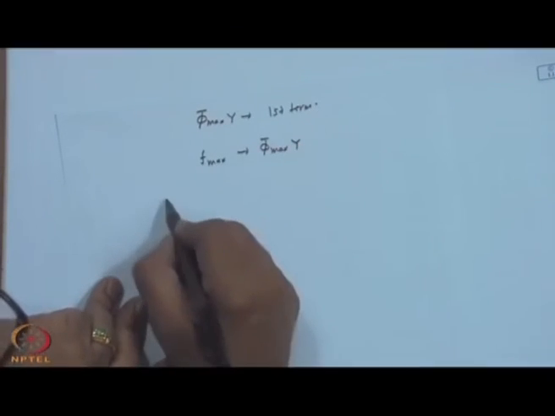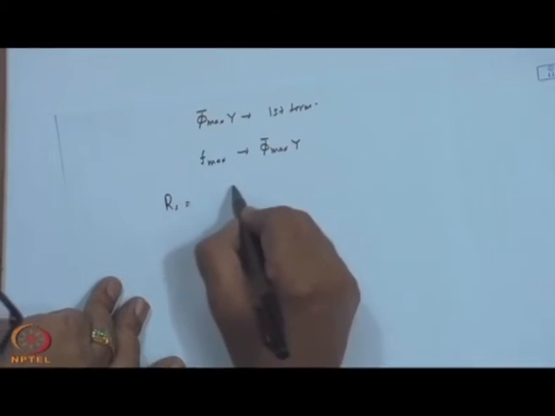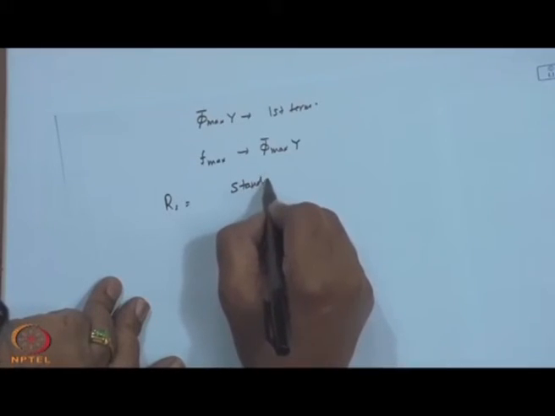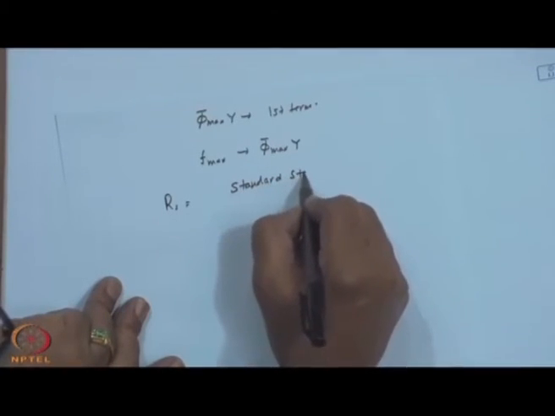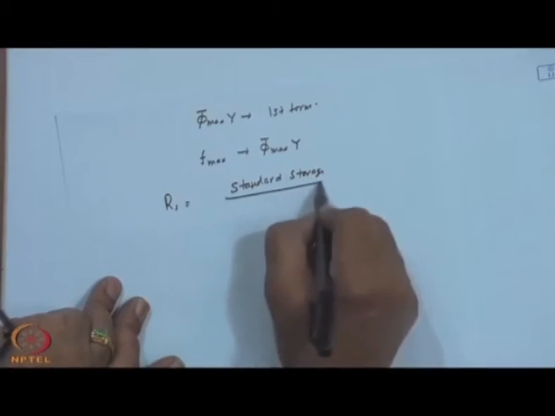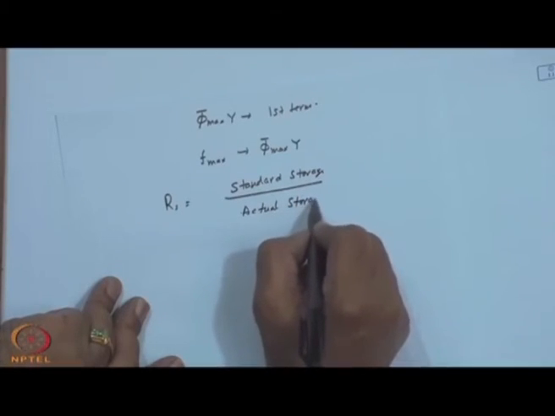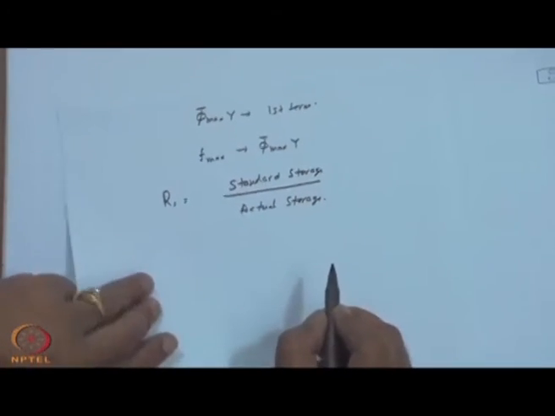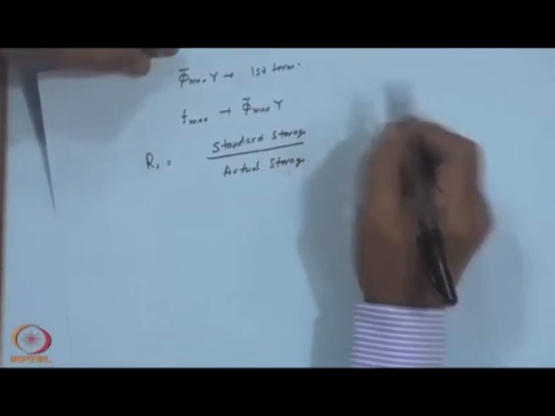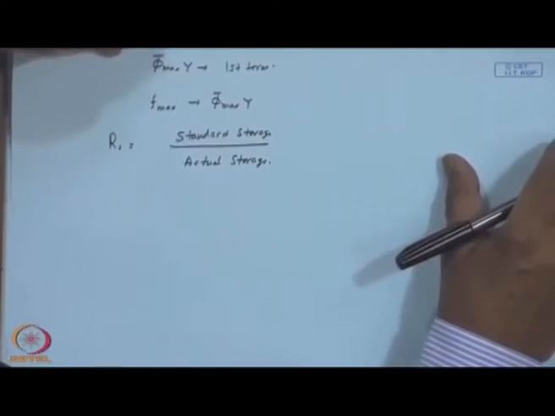And this also contains R_s, the standard storage by actual storage. Okay. Unlike in the F chart correlation, where the storage size is not explicitly present in the correlation, and x or y has to be corrected depending upon the storage is standard or different, in this case that is included in the correlation itself.